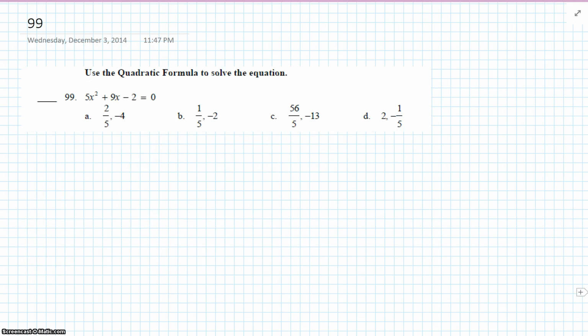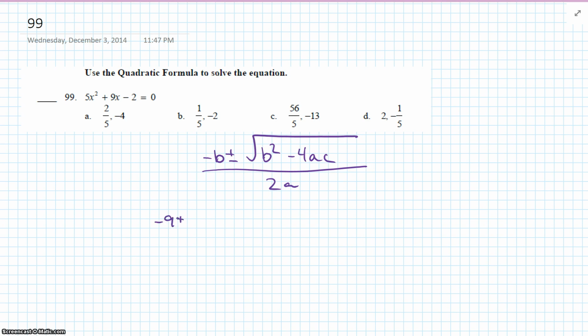99. Use the quadratic formula to solve. Well, my quadratic formula is negative b plus or minus the square root of b squared minus 4ac all over 2a. So this is going to be negative 9 plus or minus the square root of 81 minus 4ac, which when you do the math is going to be plus 40, all over 2a, which is 2 times 5 is 10.